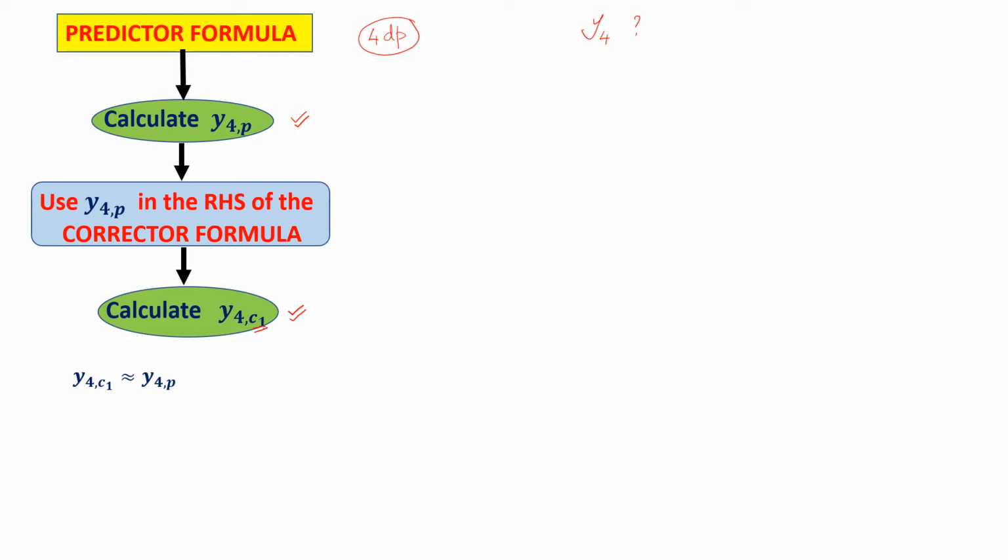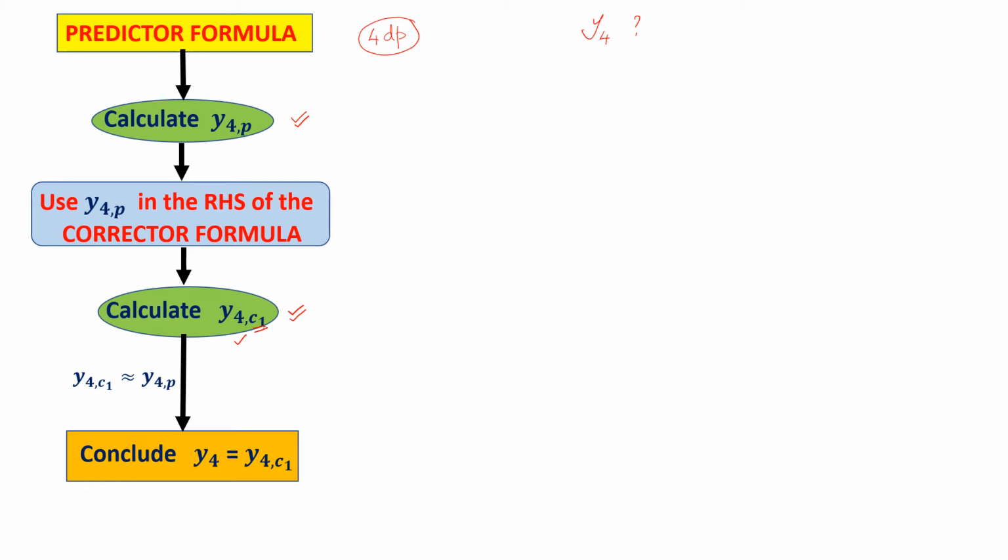If this is true, if these two are approximately equal, I can say that yes, both are matching correct to 4 decimal places. I stop my problem there and I conclude the value of y4 is nothing but the corrected value of y4. So y4c1 becomes your answer. You stop the problem there.